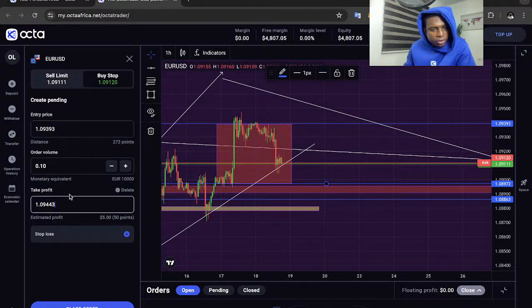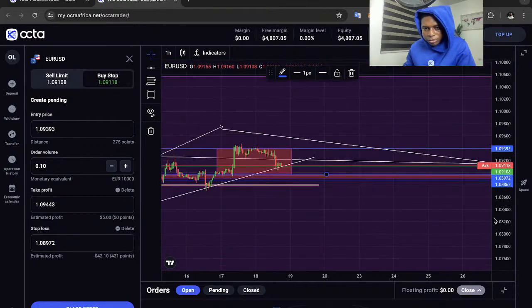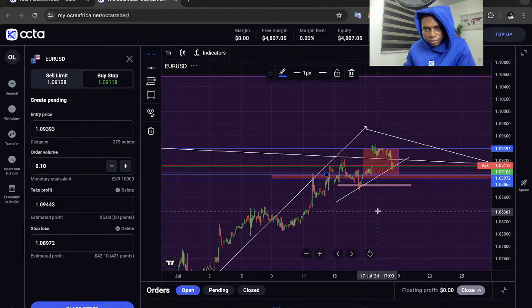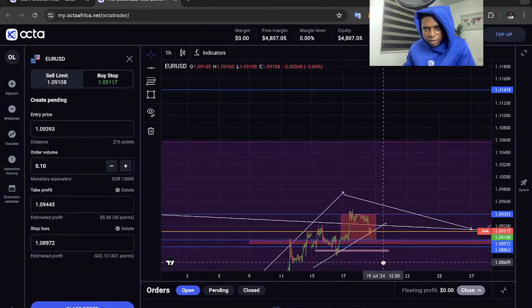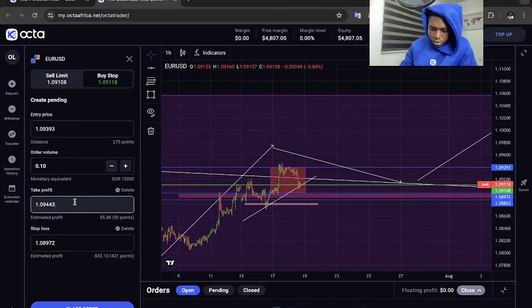So I'm going to put my stop loss at 1.08972, and then my take profit, I can put at this level, which is the next resistance zone, 1.108.